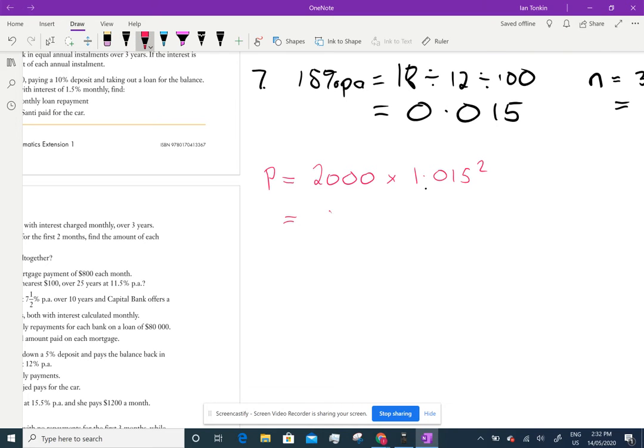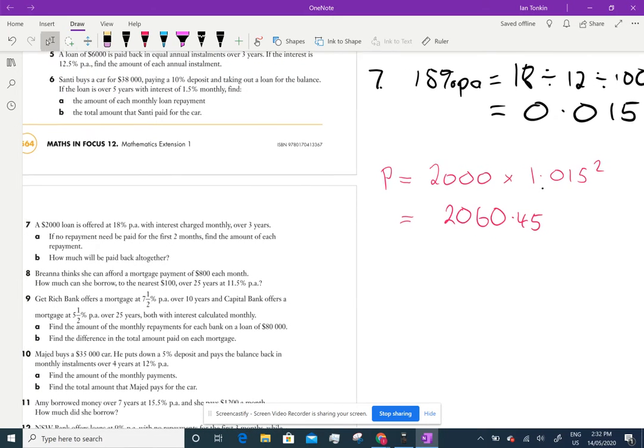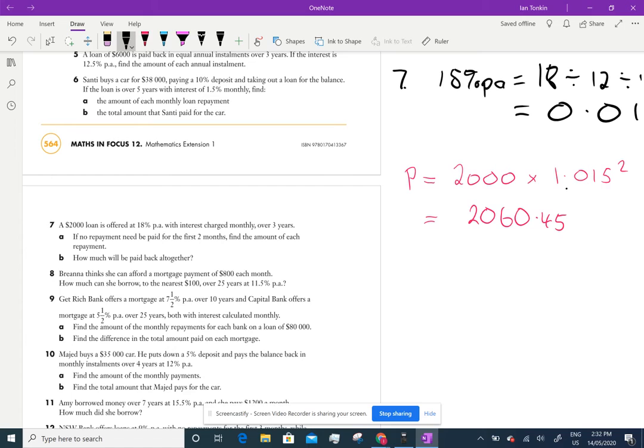That's how much you're going to owe when you make your first payment. So this is why I reckon mine's going to be different from the back of the book or from the work solutions.